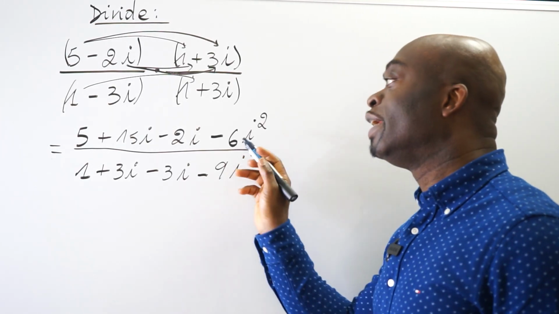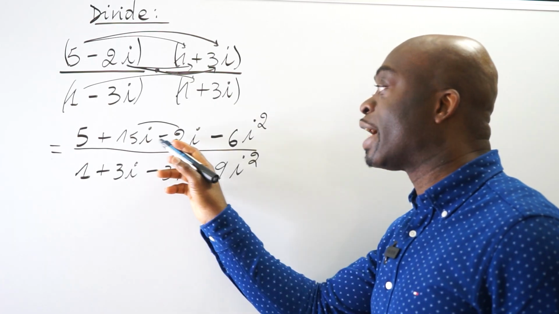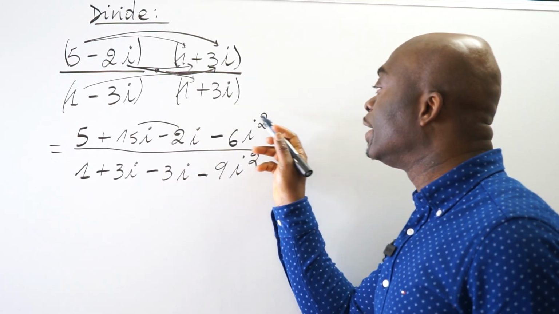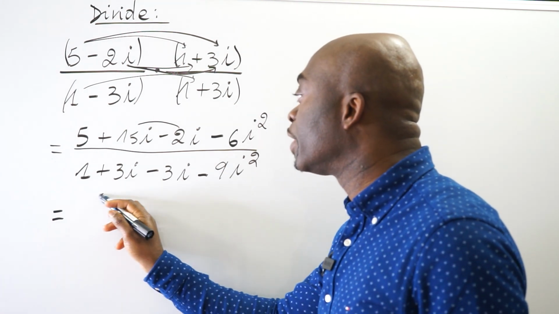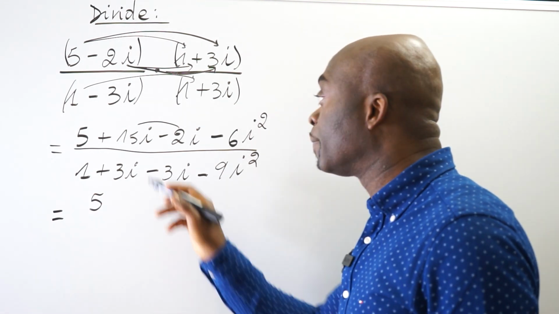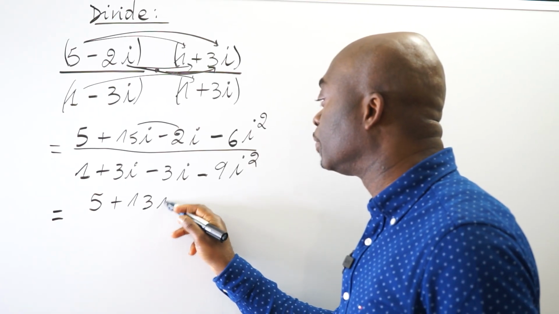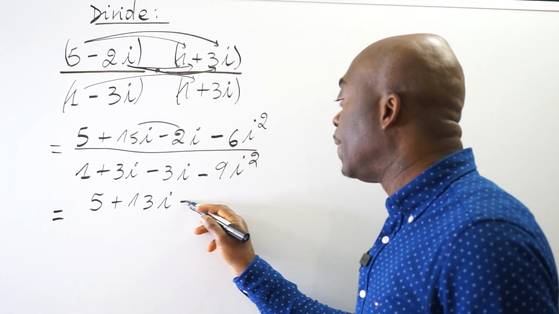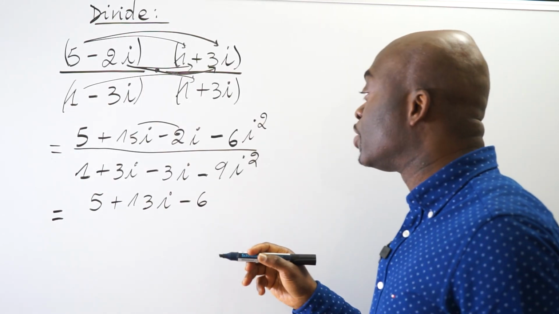Are you with me? Now on the top, we're going to combine like terms, right? These two like terms because they carry i, and then we're going to have to simplify this one as well. And this is going to give us 5 still, okay? Then 15 minus 2, which is 13i, okay? Minus 6, so i to the second power is what? i to the second power is just negative 1.